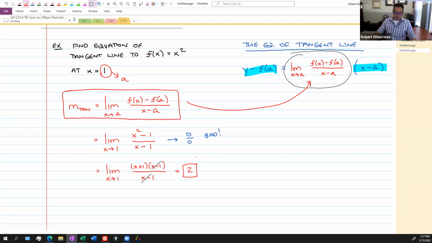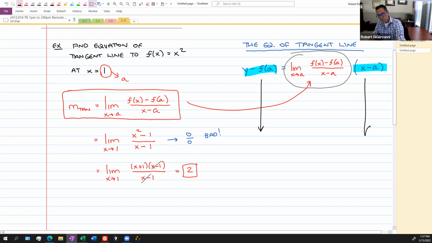All right, so now I have the slope. Let's go back and plug everything else into this formula. So y minus f of a. What's f of a? Remember what a is here? It's 1. What's f of 1? Didn't we do that already? Here, I'll write it down like this: y minus f of 1 equals, we just found the slope to be 2, times x minus 1.